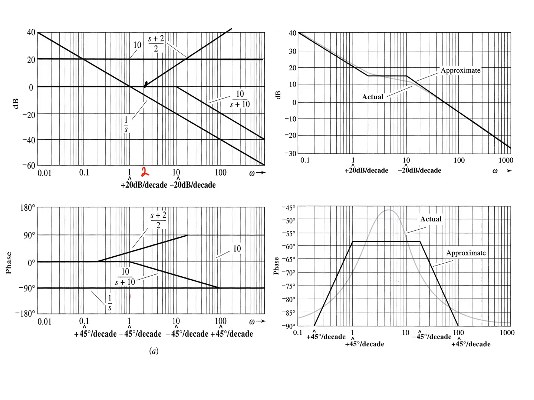And then for the phase angle, we see here for 10 is 0, and there is here S plus 2 per 2, and 10 per S plus 10, and 1 per S. And then at the end, the last construction is we get this plot. If we plot this using software, it is the actual one, and there is the approximation.